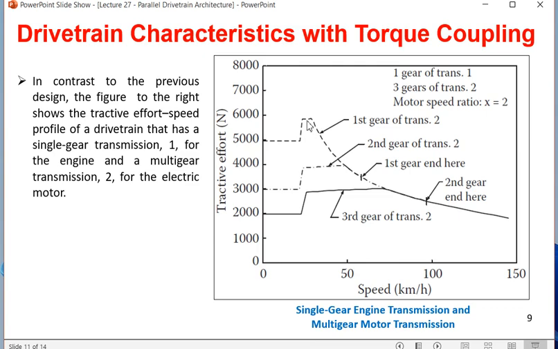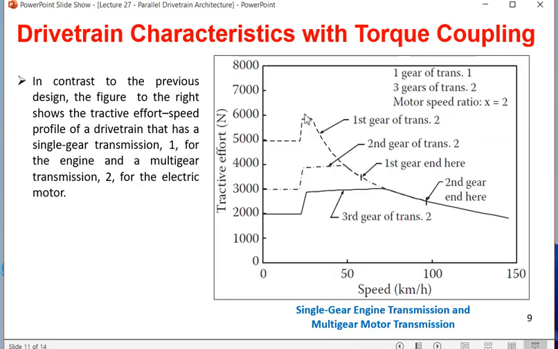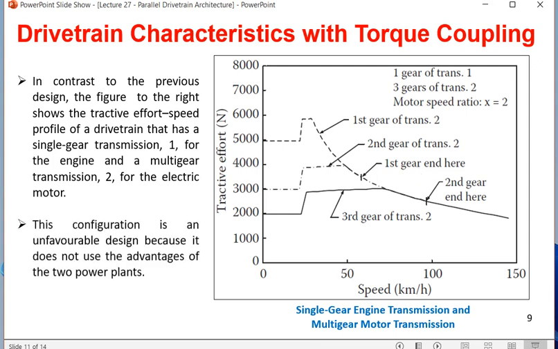So in this case you are finding the 3 gear tractive effort for IC engine, and below you are finding the 3 gear tractive effort for the secondary power system, that is battery driven motor system. So you are finding here first gear, second gear, and third gear of transmission 2, and here you are finding very small, this is the first gear of first transmission system. So how to combine them and what are the examples, what are the discussion you can find here.